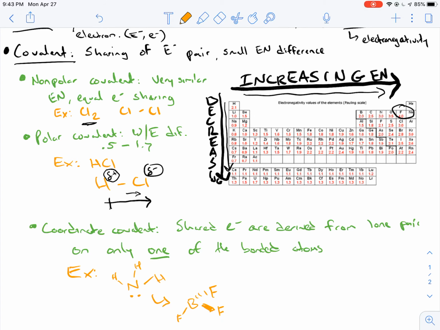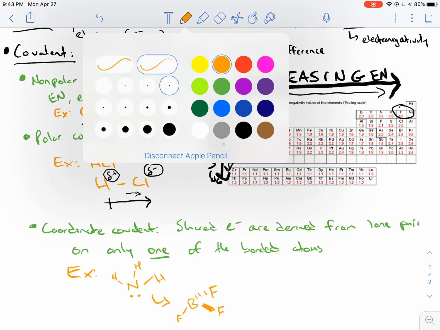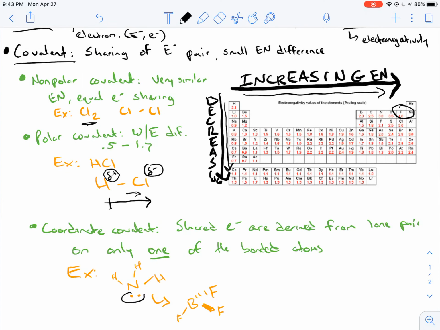So we see that there is a lone pair right here, right? This is the lone pair of electrons. And that is a coordinate covalent bond. We'll see right here when they come together.